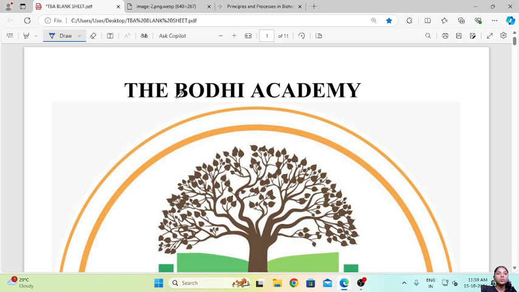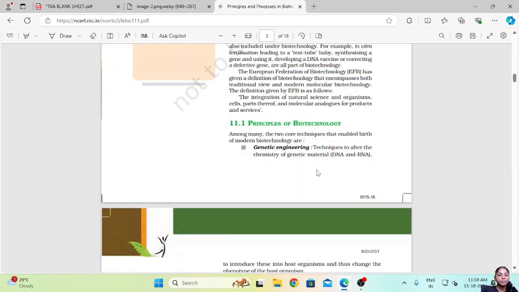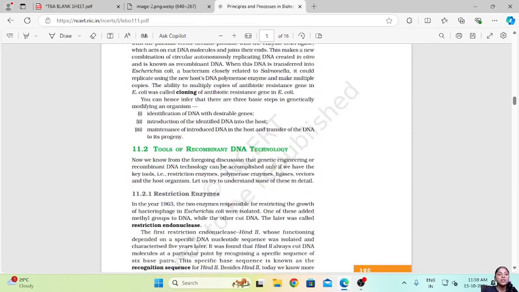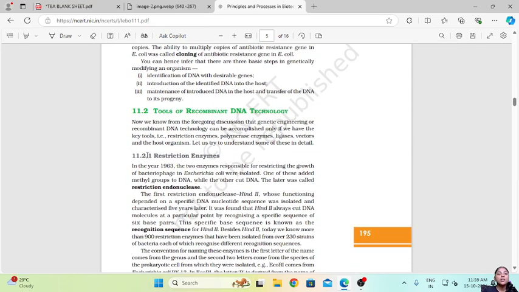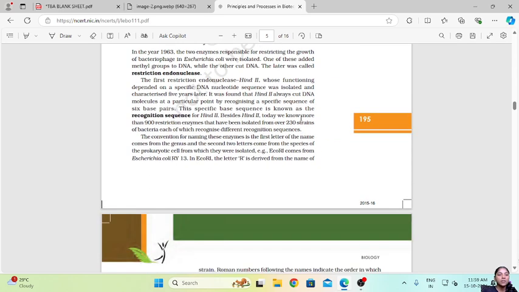In today's video, we are going to continue with the Standard 12 Biology Chapter 11, that is Biotechnology, Principles and Processes. So in the last two videos, we have learnt about the restriction enzymes or the restriction endonucleases, which are the tools for recombinant DNA technology.